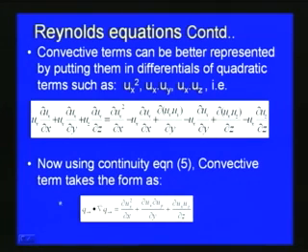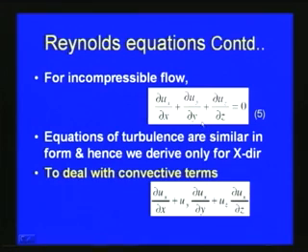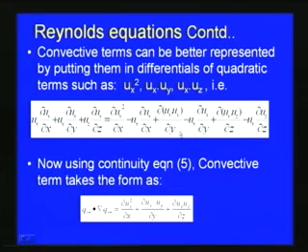Now here we can use the continuity equation which we have seen here, equation number 5. If we use that, you can see that in this term u x can be taken out.